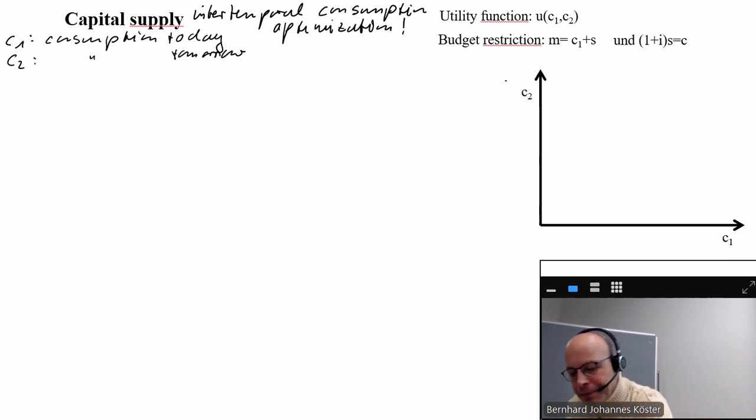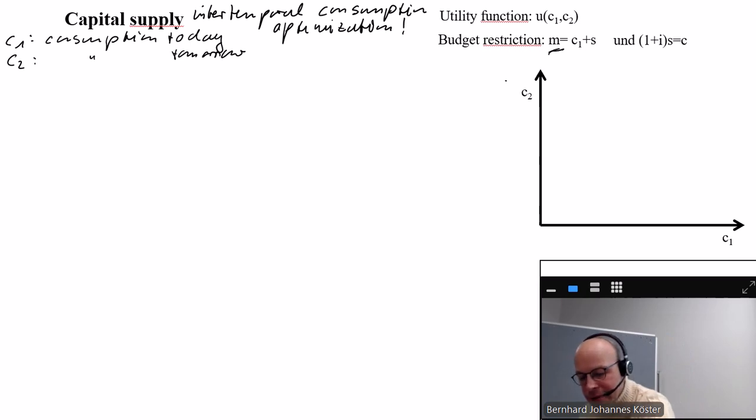So we also have our today's budget. In this case, we assume that we only have a today's budget and that overall consumption tomorrow has to be financed via our savings today.